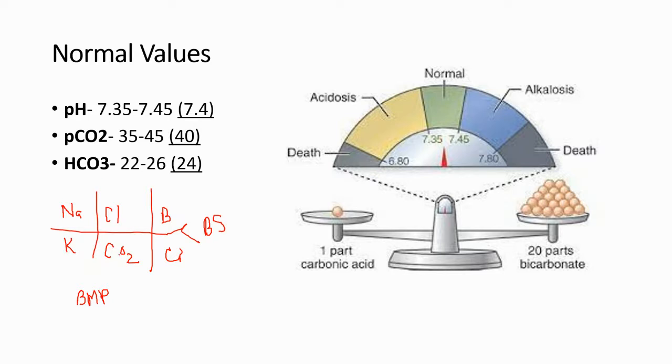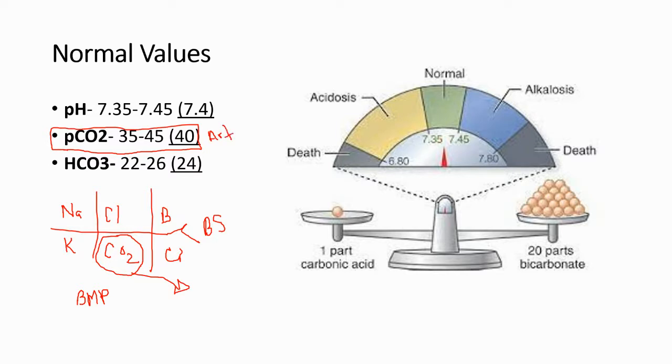And when you're looking at this right here, even though it says CO2, and this gets a little confusing sometimes for nurses, we're not looking at partial pressure of CO2. That value can only be obtained through arterial blood gases, from the artery.